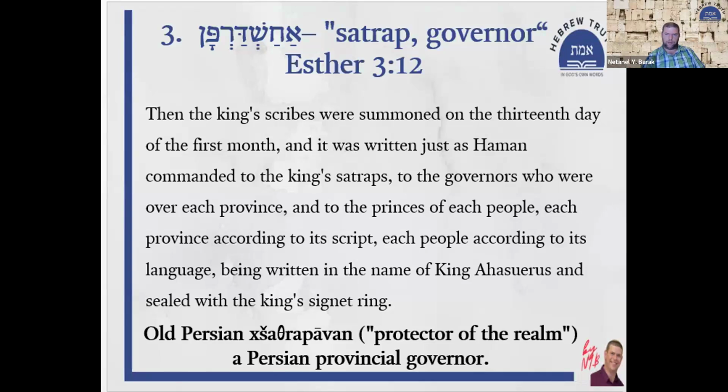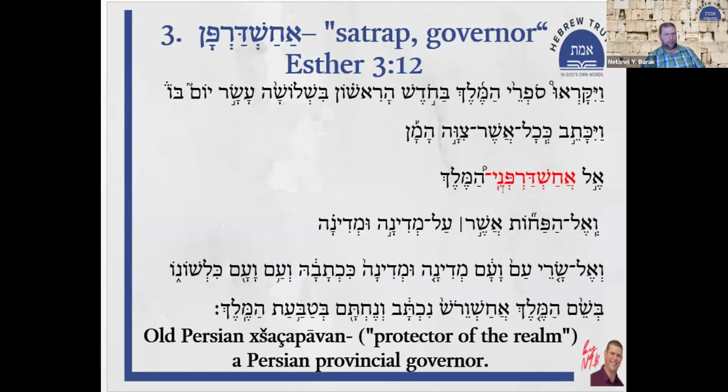Right. So first of all, we have the word achashdarpenei hamelech here in the masculine plural construct form. First of all, you can see the morphological assimilation of this word. We are taking the word from Persian, but now we're adding a morphological ending, an ending that is Hebrew.